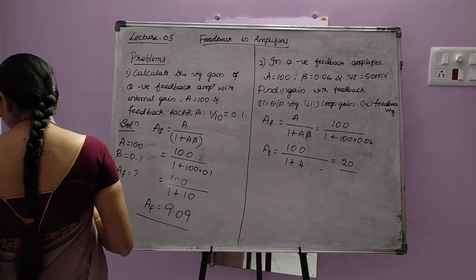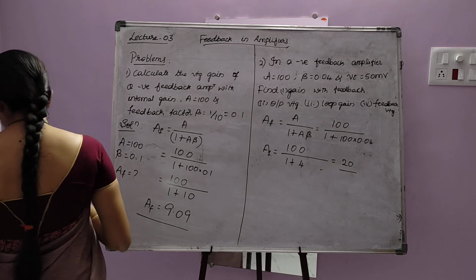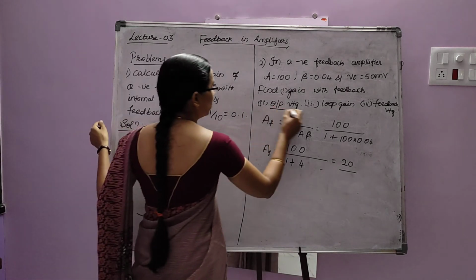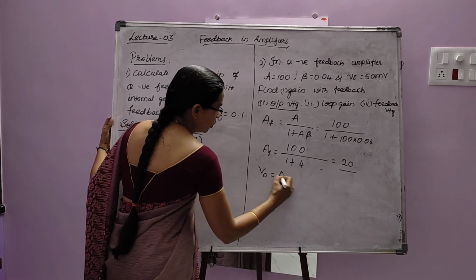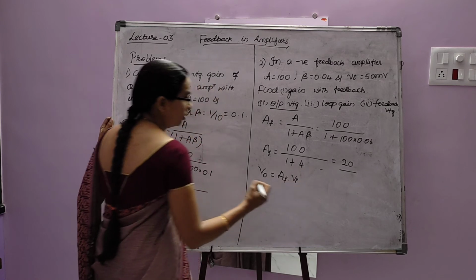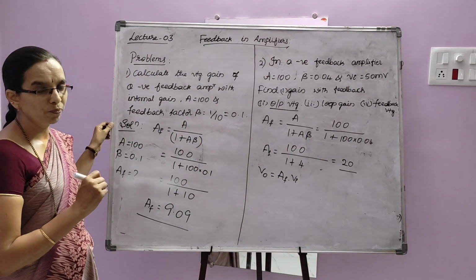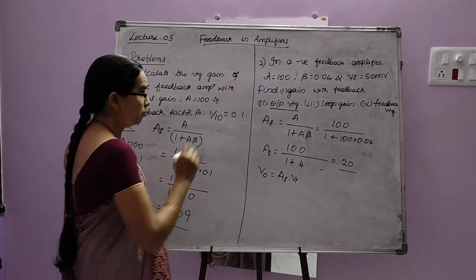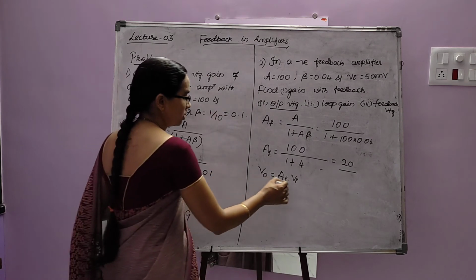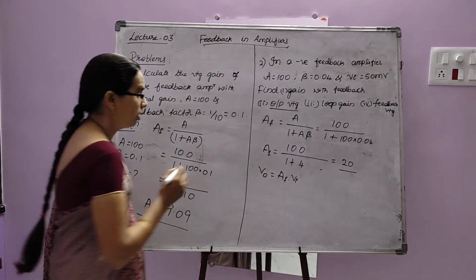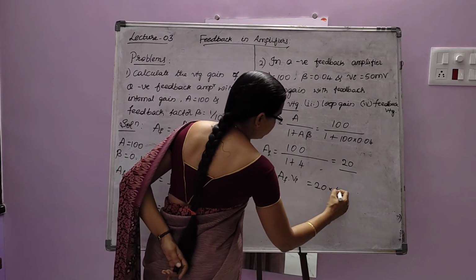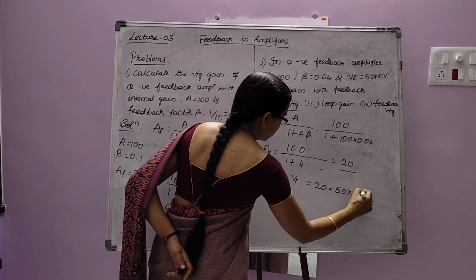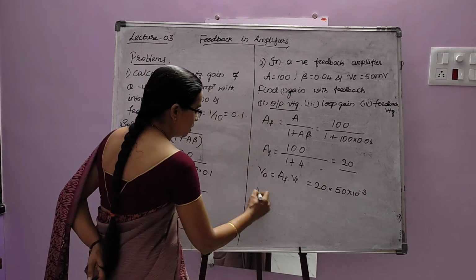Next one, output voltage we have to find out in this problem. V0 is equal to AF into Vi, you can write. AF is equal to V0 by Vi, because it is a feedback amplifier, you have to consider AF only. 20 into Vi, which is given as 50 millivolt, 50 into 10 to the power minus 3.